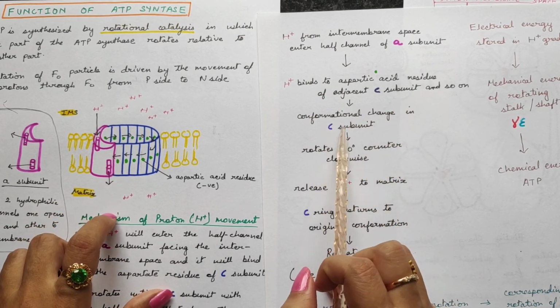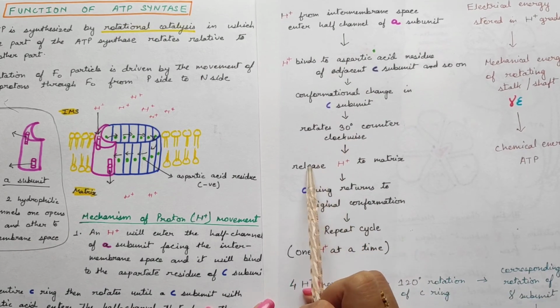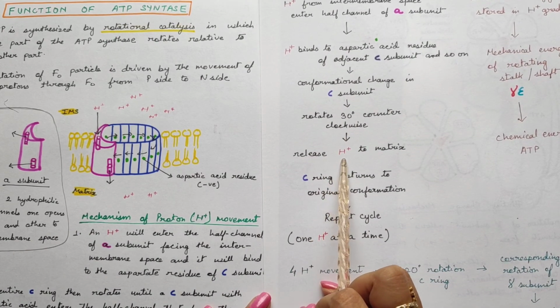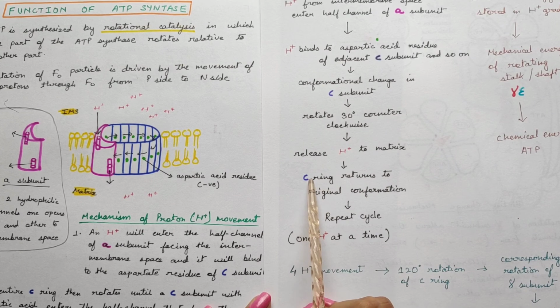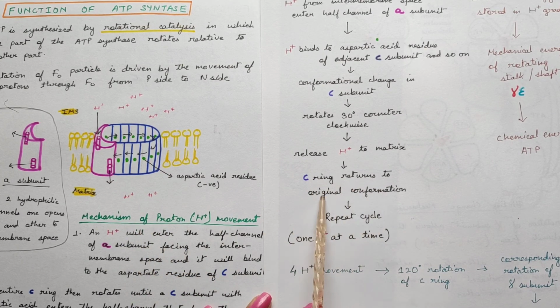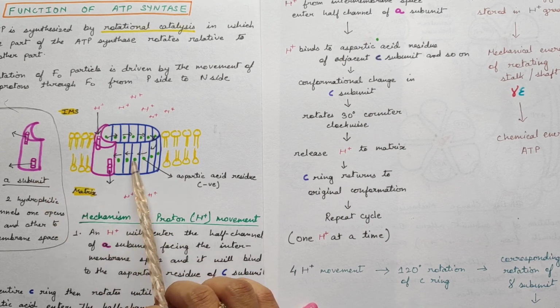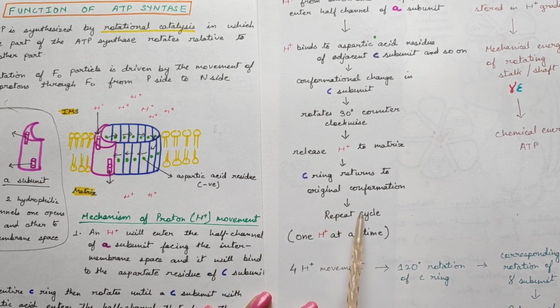Conformational change in the C subunit rotates it 30 degrees counterclockwise. Release of protons to the matrix. Finally, it will be released to the matrix. Now the C ring returns to the original conformation after it has rotated a total of 360 degrees, and then again the cycle will be repeated.